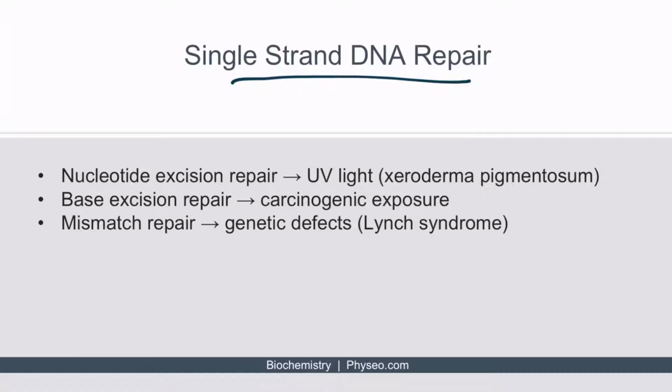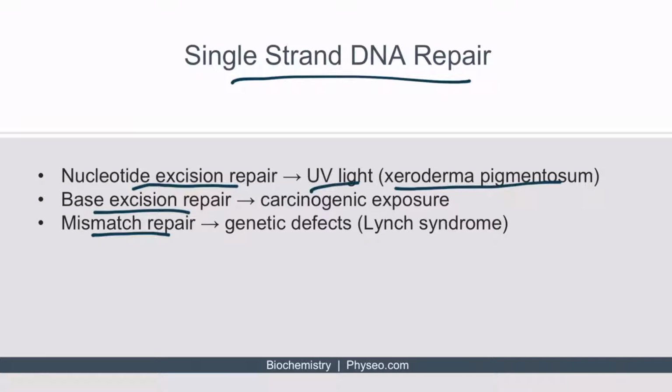There are three major types of single-strand DNA repair you need to know for Step 1, and these include nucleotide excision repair, base excision repair, and mismatch repair. Nucleotide excision repair usually occurs in response to damage done by UV light, and this is associated with a disorder called xeroderma pigmentosum.